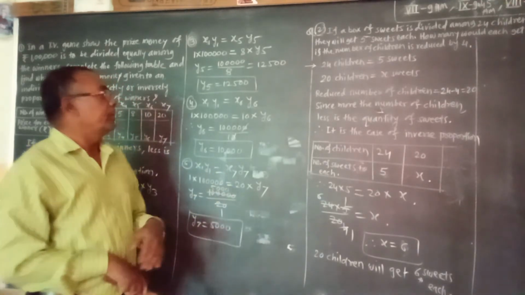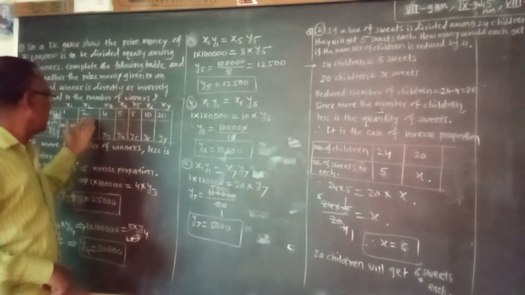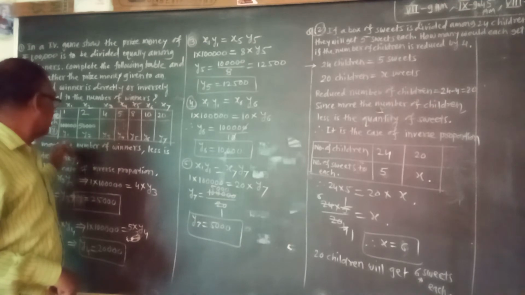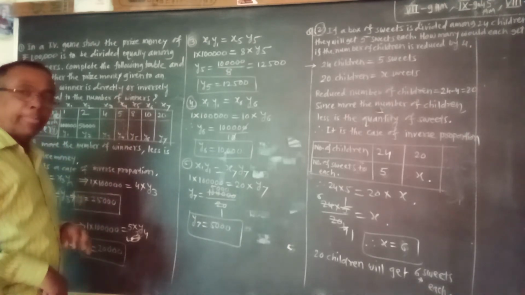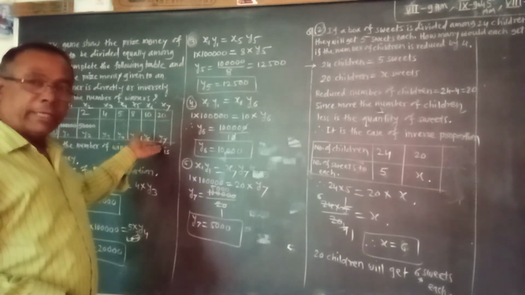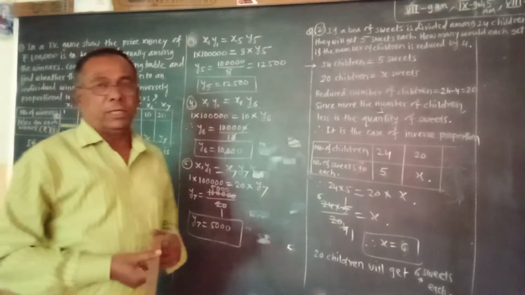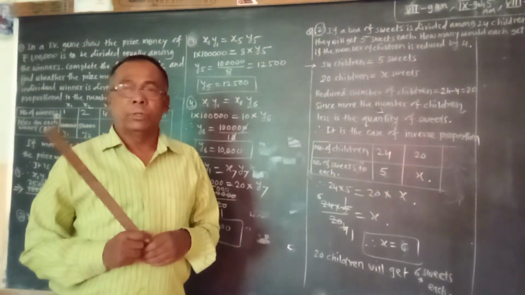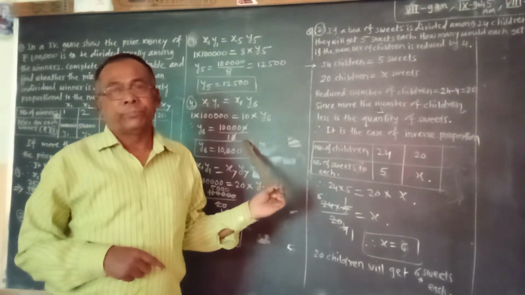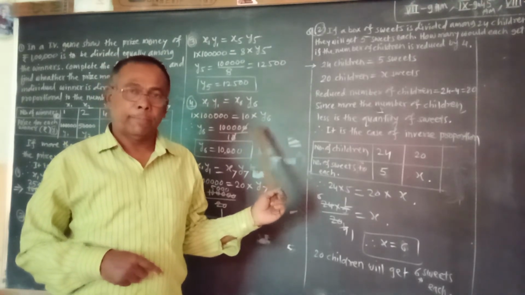In this way we have seen that as the number of winners increases, their prize amount decreases, and therefore such an example is known as inverse proportion or inverse variation.